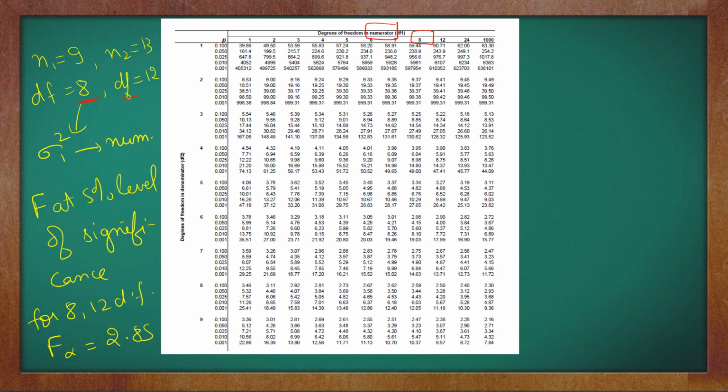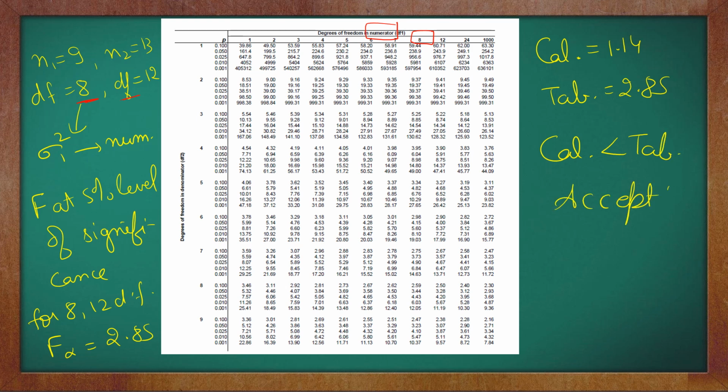So when we have calculated the value, let me write the calculated value. Our calculated value was 1.41. Table value is 2.85. So my calculated value is less than the table value. So I have to accept the null hypothesis.